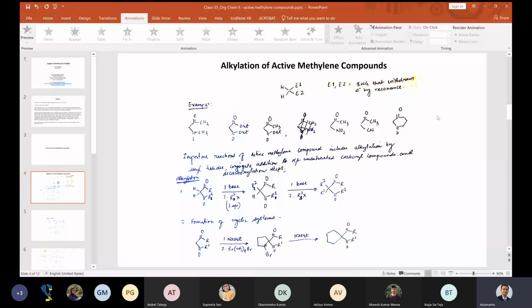So active methylene compounds are used in many places. We have already learned Knoevenagel synthesis, which also involves active methylene compounds and an aldehyde or ketone. So we will be using that kind of reaction in majority in this example today.